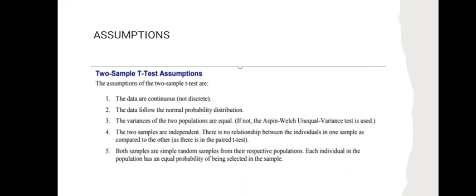There is no relationship between the individuals in one sample as compared to the other, as there is in the paired t-test, where the observations are taken from the individuals of the same sample at two different times, a gap apart. Both samples are randomly selected, as simple random samples from their respective populations. Each individual in the population has an equal probability of being selected in the sample.